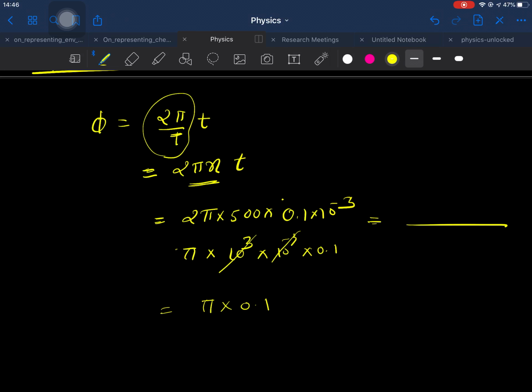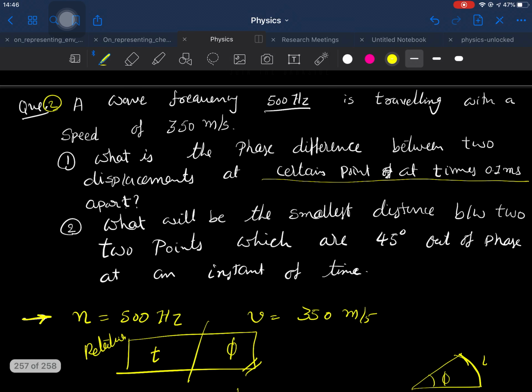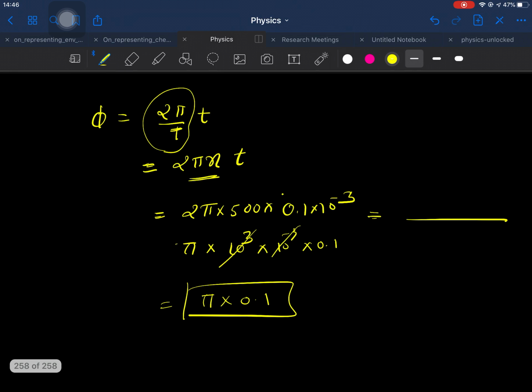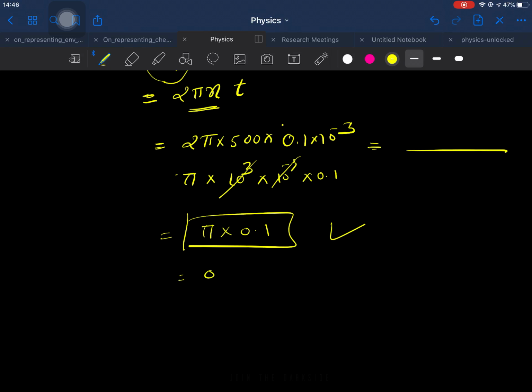Oh, it's 1 millisecond? I think for the given information it is 0.1 millisecond. Okay, correct, so 0.1, fine. So it's 0.1 pi radian.